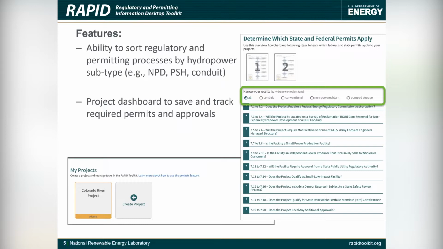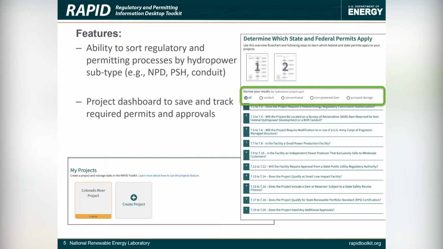By clicking on one of those boxes, it will gray out questions that wouldn't be applicable to that development type, and then help hone a user in on what would be applicable based off of that type of development.